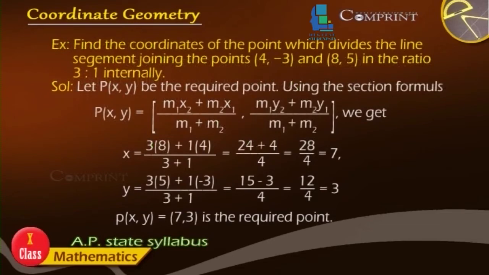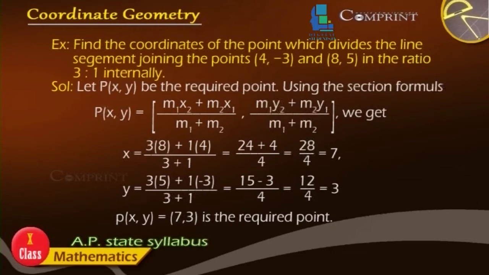Example: find the coordinates of the point which divides the line segment joining the points (4, -3) and (8, 5) in the ratio 3:1 internally. Solution: let P (x, y) be the required point. Using the section formula, P (x, y) is equal to (m1x2 plus m2x1) by (m1 plus m2), comma (m1y2 plus m2y1) by (m1 plus m2).